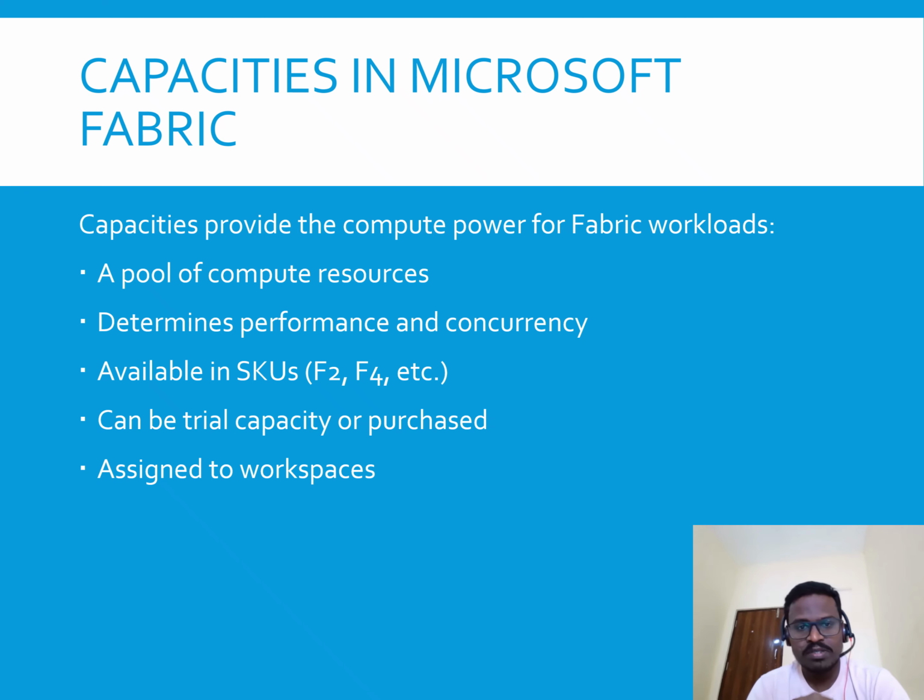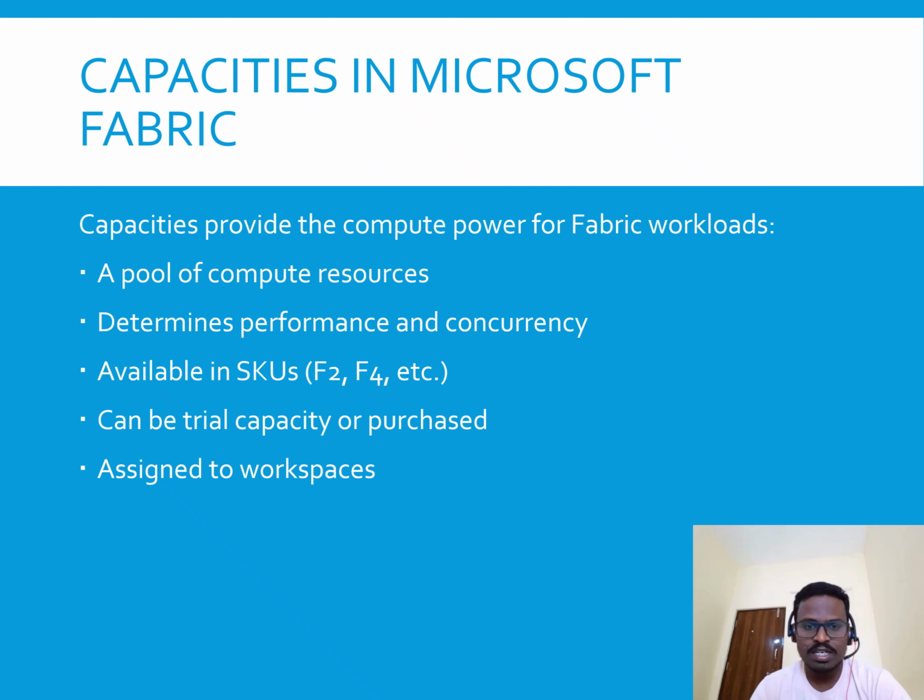As I said, capacities are for compute resources, and the compute determines the performance and concurrency of your workspace. There are multiple SKUs for capacity like F2, F4, F8, in multiples of 2, 4, 8, 16, 32, 64. F64 is the minimum premium capacity; if you want a Power BI workload, you need an F64 capacity.